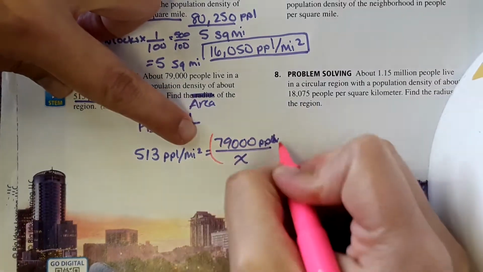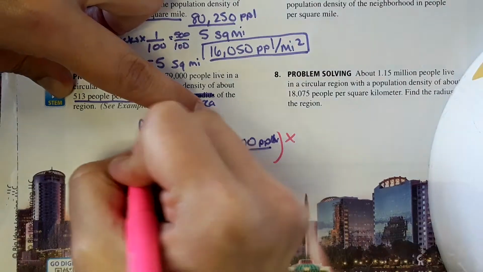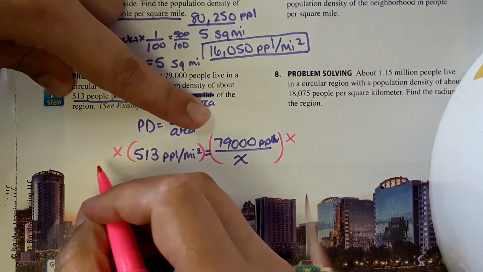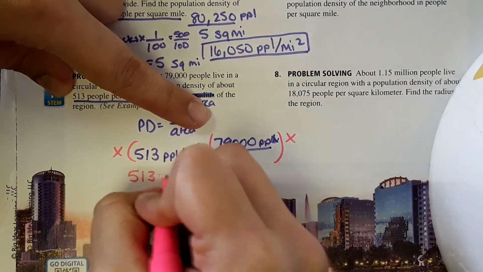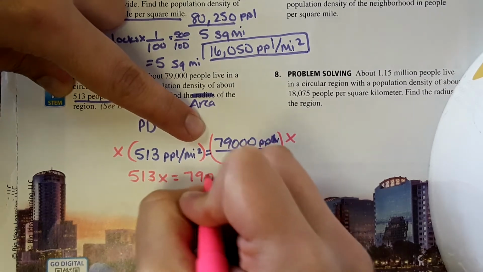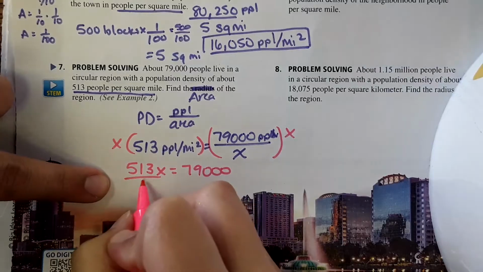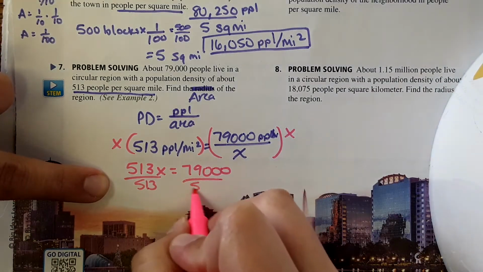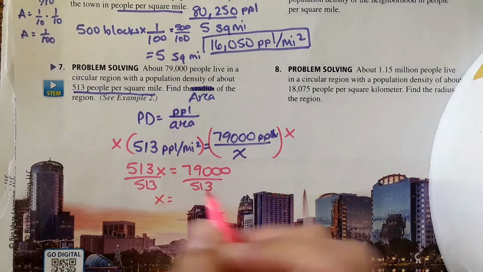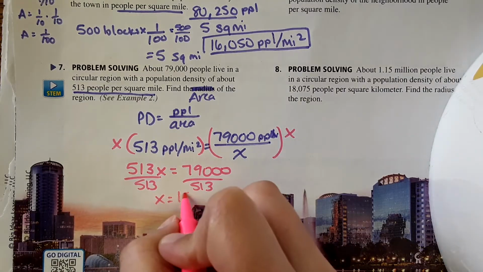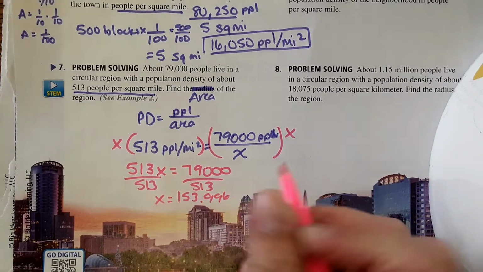First thing would be to multiply both sides by x. And then divide both sides by 513. And x equals 153.996.